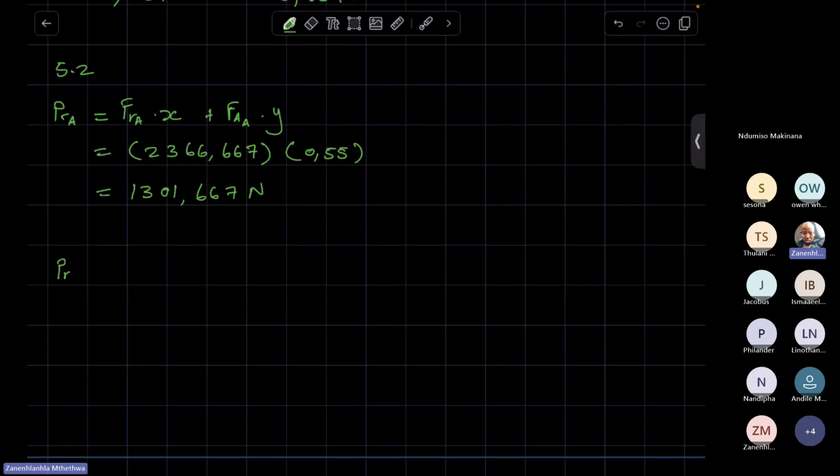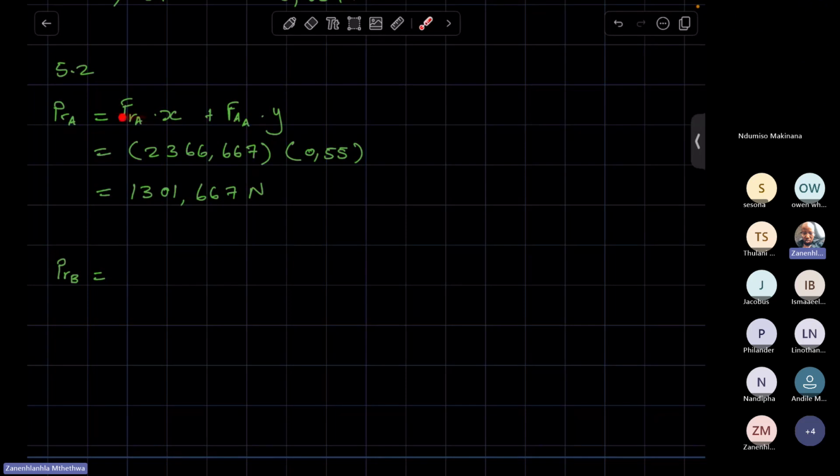And then to get the dynamic equivalent for bearing B, you've already shown the formula, so you are using the same formula and no need to indicate it again. You can just jump into substitutions.